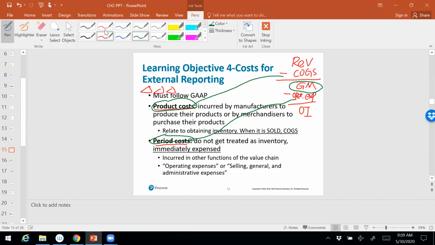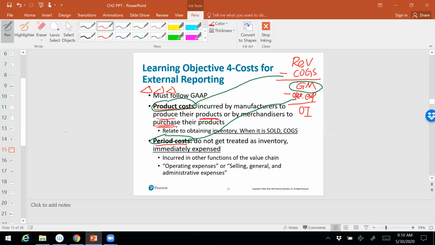So let's look at the definition. Product cost, from the name, you can tell it's related to the product, to the production. It is incurred by manufacturing to produce their products. So all the costs related to the production or the purchase will be product cost.